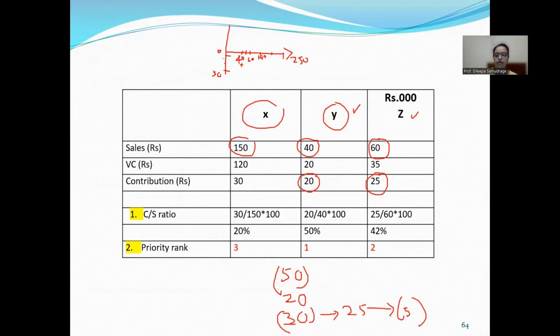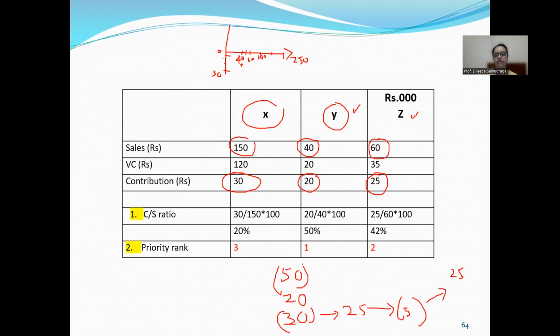So now you have 5,000 loss. Then X contribution is 30,000. So using this 30,000, you can cover this loss, 5,000. Then you get a 25,000 profit.